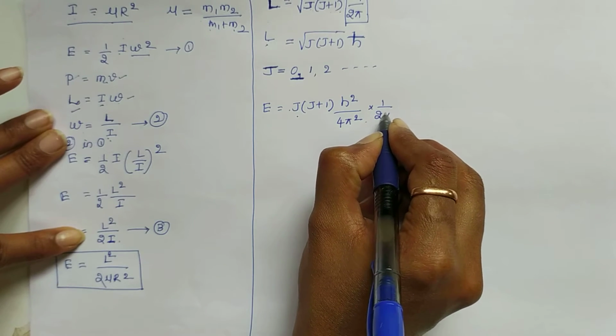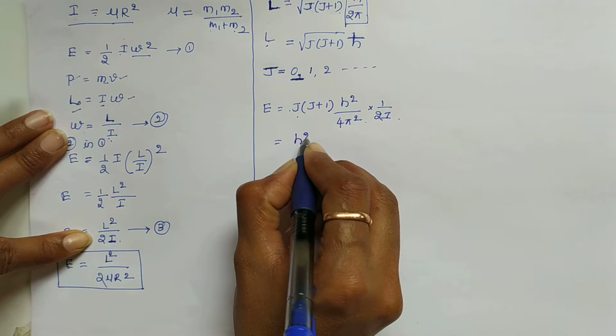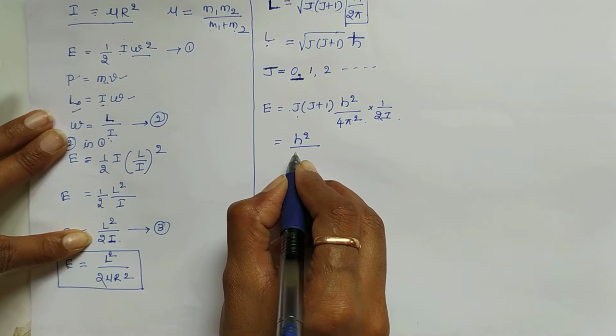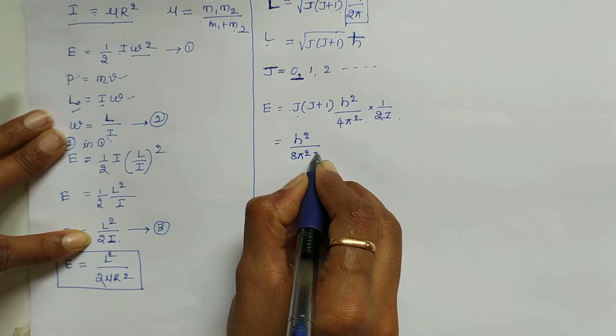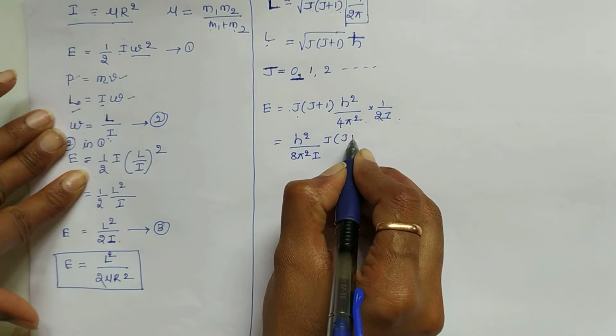and this multiplied by 1 by 2I. If you simplify this, what are you going to get? H square divided by 8 pi square I, and the term J into J plus 1.